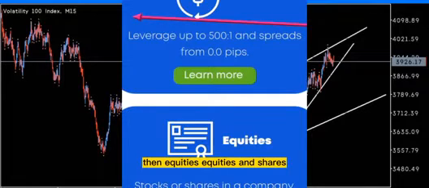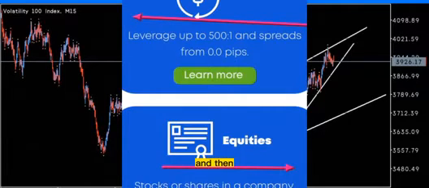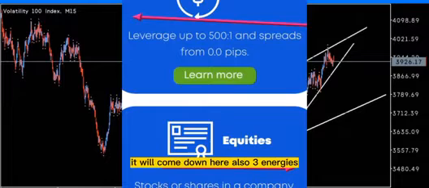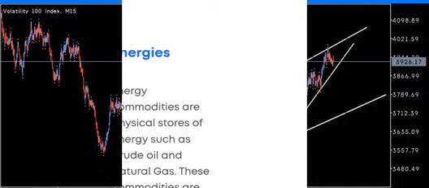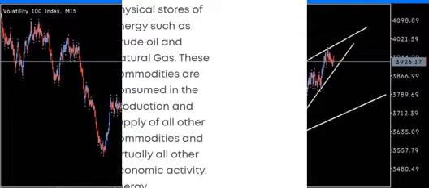Then the equities, we check equities and shares, and then if we come down here, we also trade energies. Energies, commodities, equities.